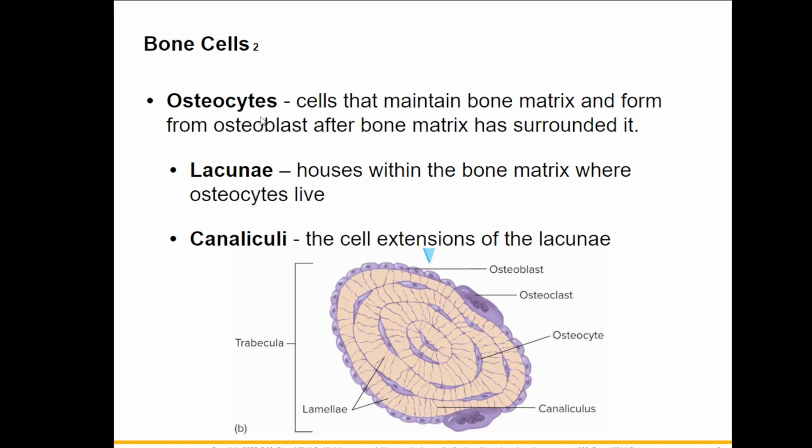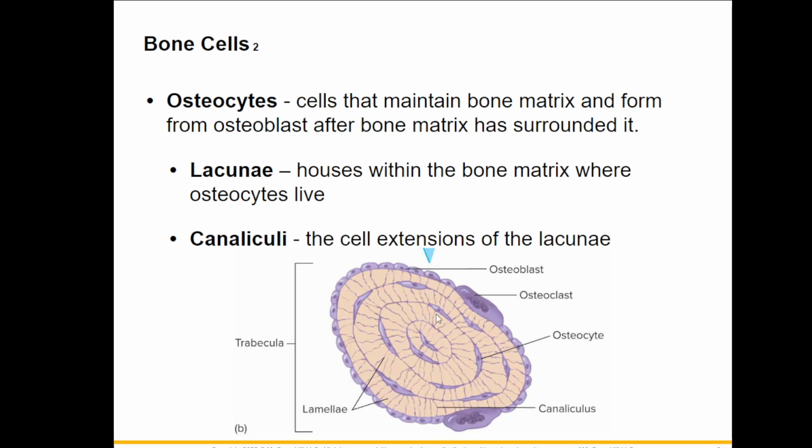Okay, I want you to understand that osteocytes are actually osteoblasts. They are still osteoblasts, but they have bone matrix surrounding them. Like in this image, you will see osteoblasts at the periphery. They are at the side, your osteoblasts.